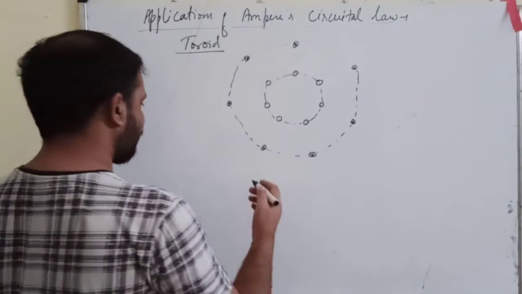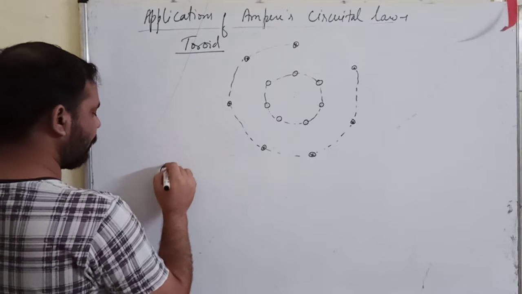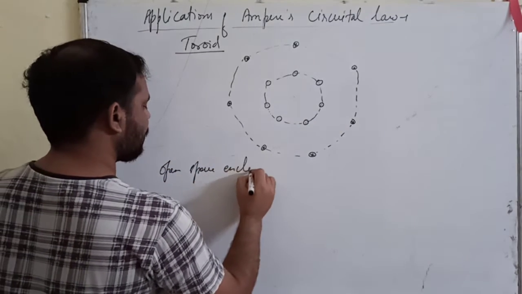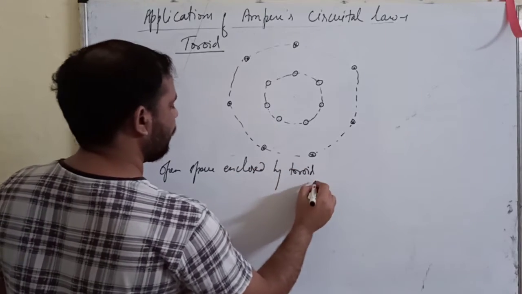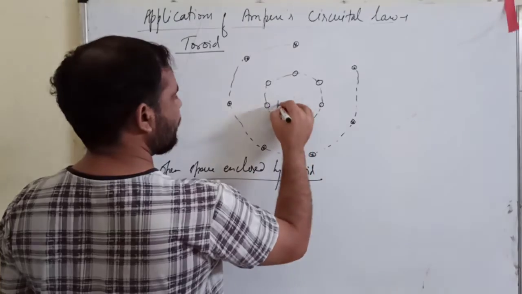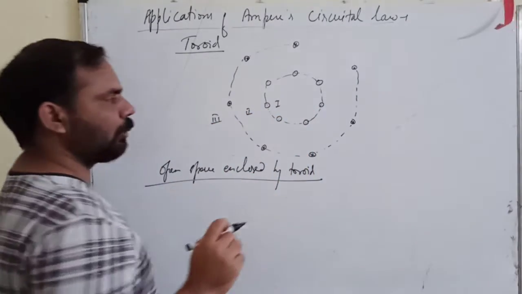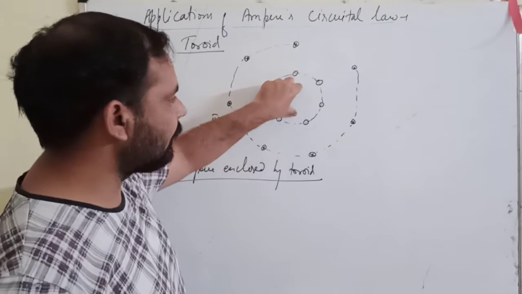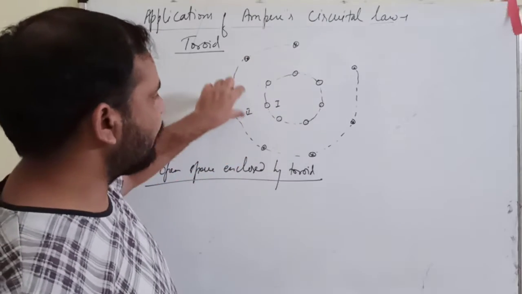First of all, we will consider the region of open space enclosed by the toroid. You have three regions: first, second, and third. One region is the open space inside the toroid. The other region is the region enclosed by the toroid.